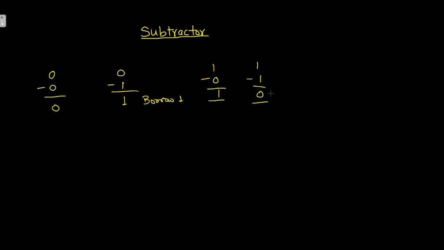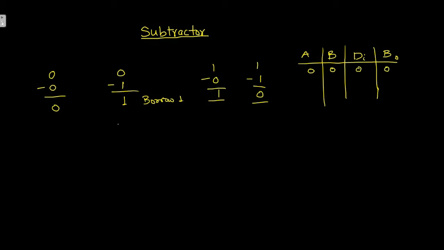So accordingly we have a truth table. Inputs are A, B, and outputs are difference and borrow. For 0 0, we have output 0, borrow is 0.